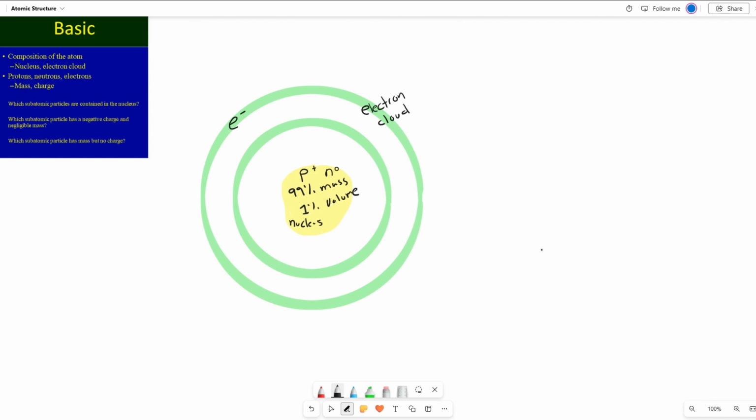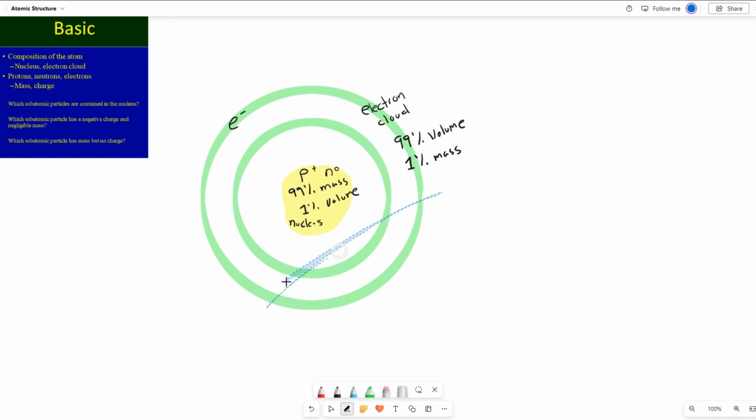And the electron cloud is over 99% of the volume or space, but actually less than 1% of the mass of the atom. So let's talk about this in a little bit more detail here.